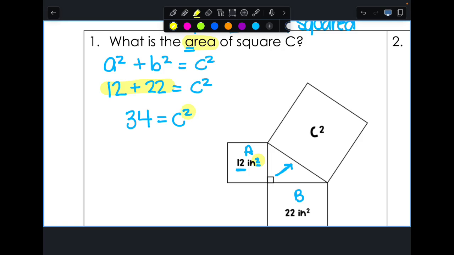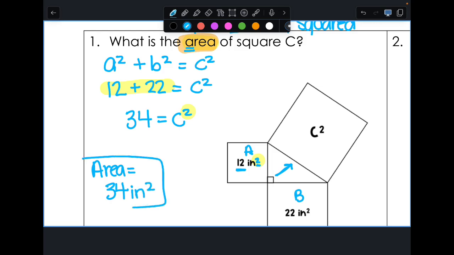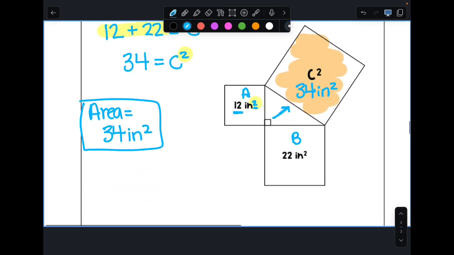Since C is squared, we have found the area. So the area is 34 inches squared. Meaning everything inside of this box, that's my area, is 34 inches squared. Now, let's say the question asks you for the side. How do you find the side?